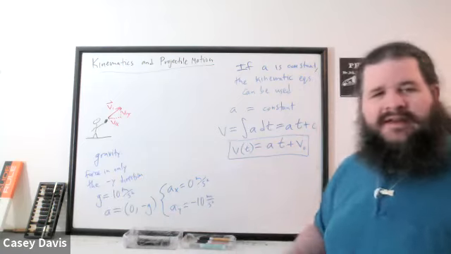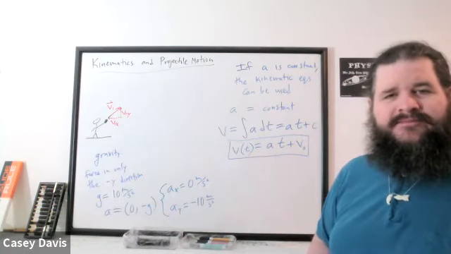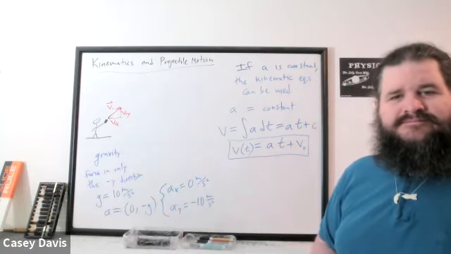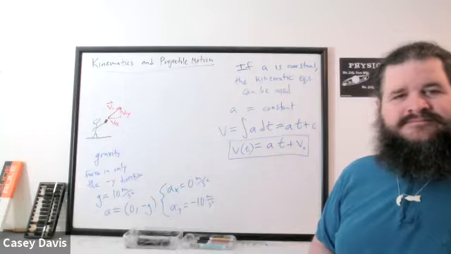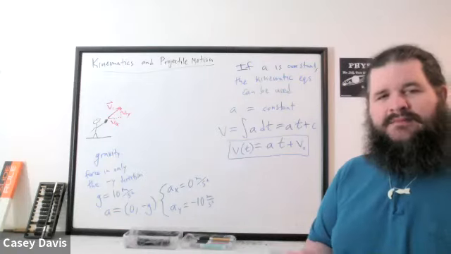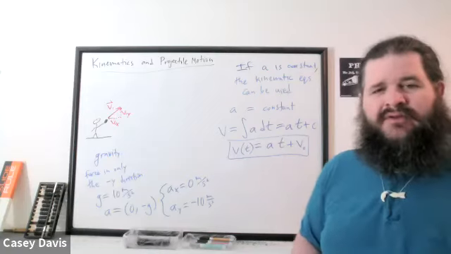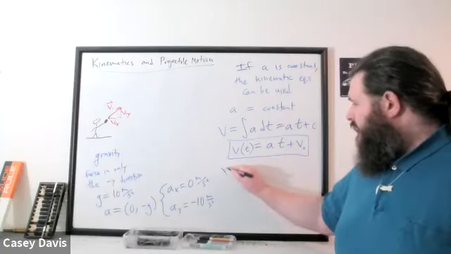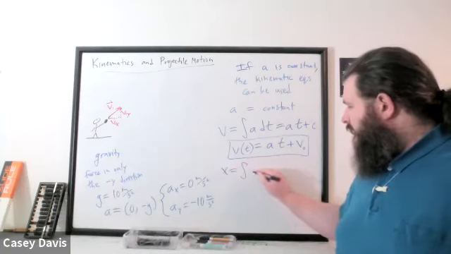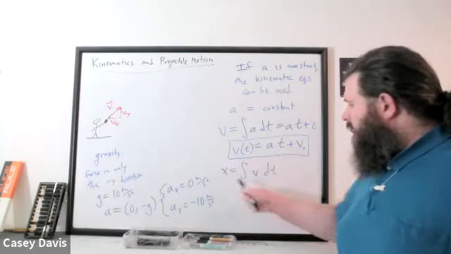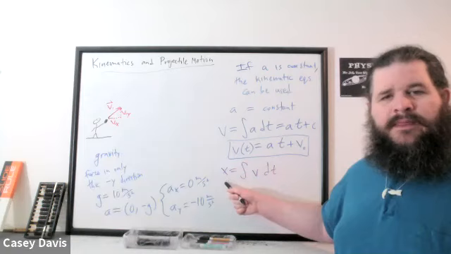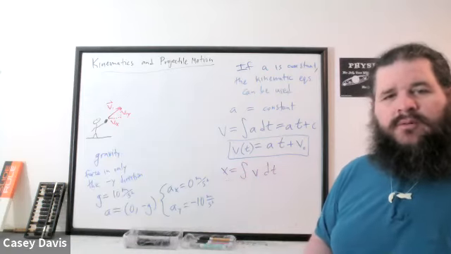If you know velocity, how do you calculate position? Take the integral of the velocity function. Right, you integrate again because velocity itself is the derivative of position. So position is the integral of velocity. I'm going to write position as x for now, but keep in mind this could be x or y.